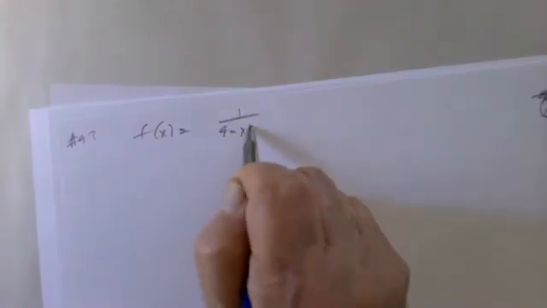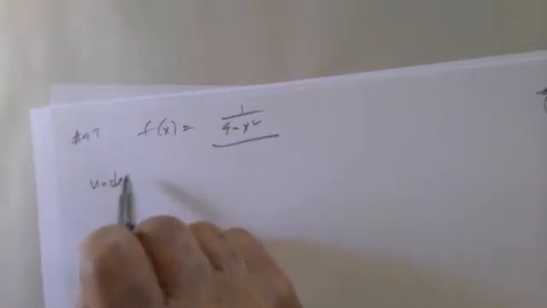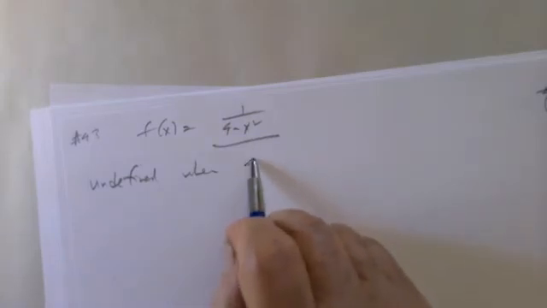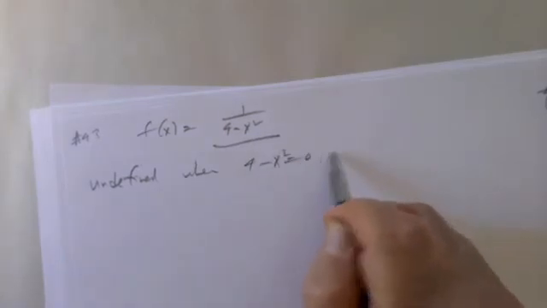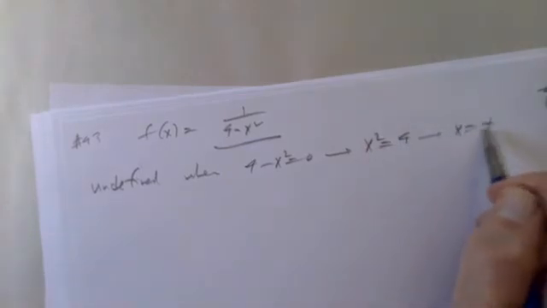Let me look at a couple of examples from the homework. We have the function f of x is 1 over (4 minus x squared). Now this function is undefined when the denominator is 0, which is the same as x squared equals 4, or x equal plus or minus 2.